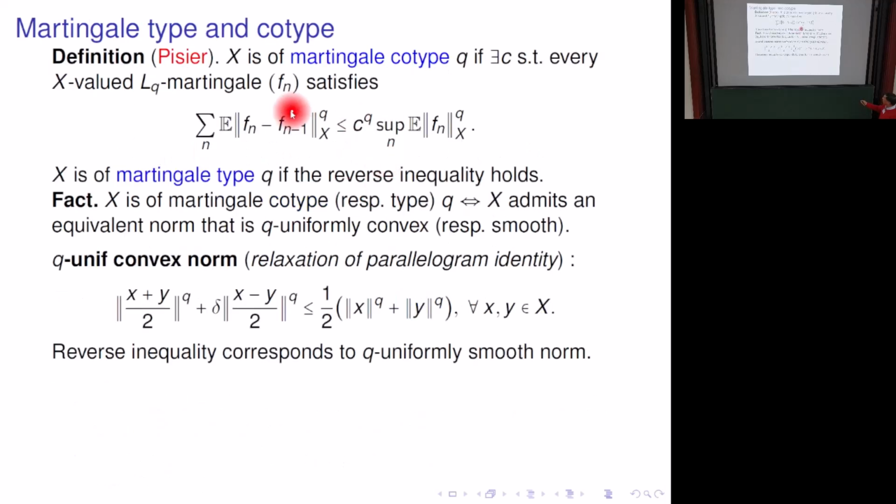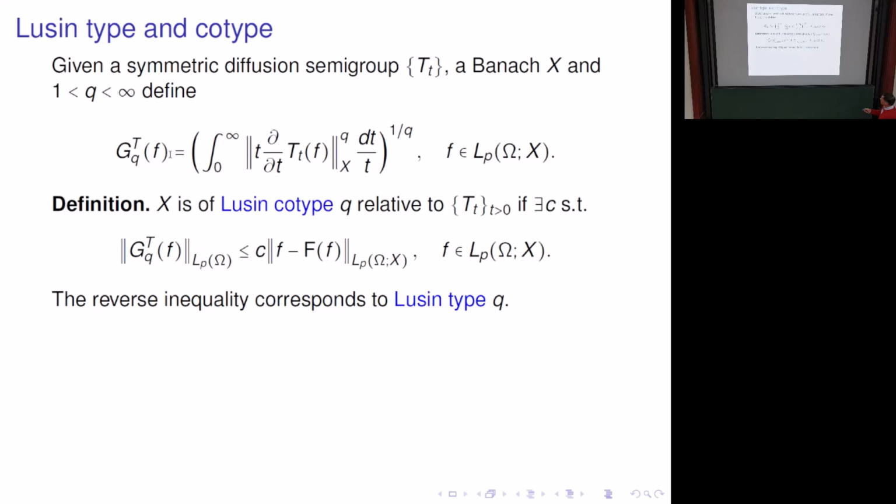In the martingale case, we remove the expectation, the integral here, then we form this sum, and to power 1 over Q, we get the martingale analog of this Q variant of the square function. So the two sides, from the semigroup side and the martingale side, are in some sense parallel and very similar. So we have this general square function.